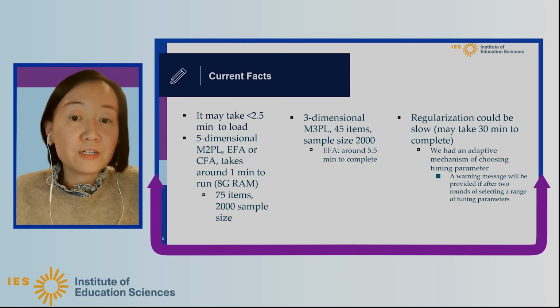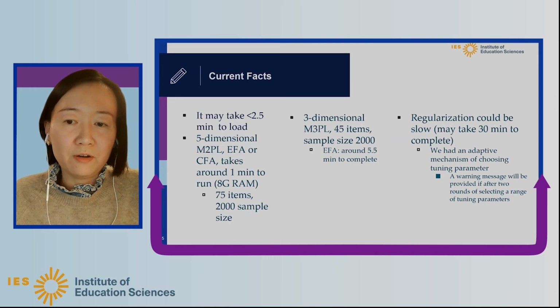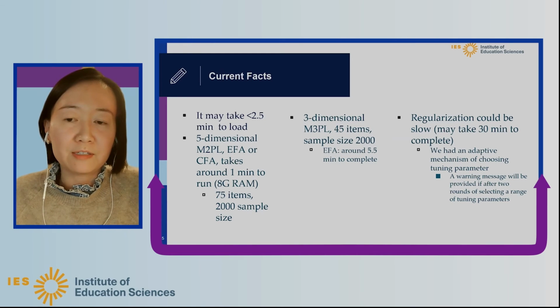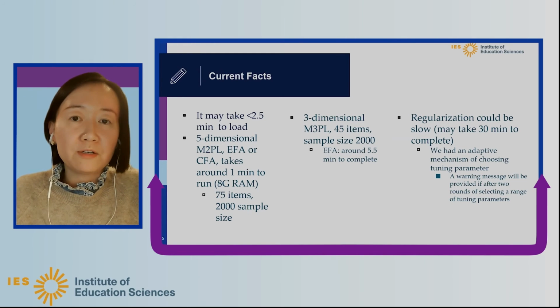So the computation time really hinges on the capacity of this web-based environment. So we are also producing a standalone package, so if users want to use the package on a local machine with much better configuration, it will take less time to complete.